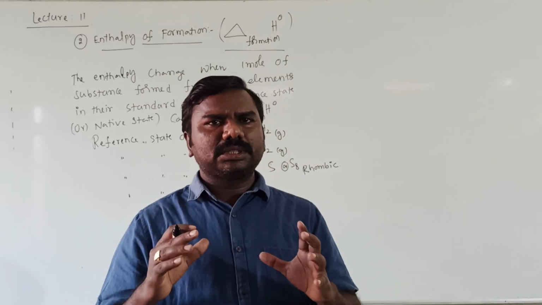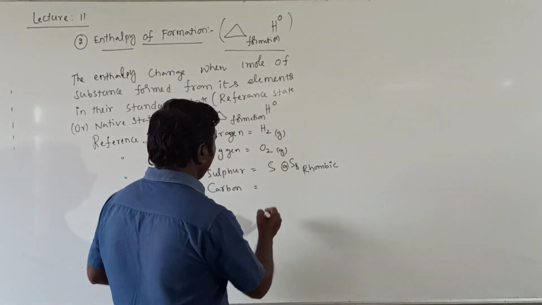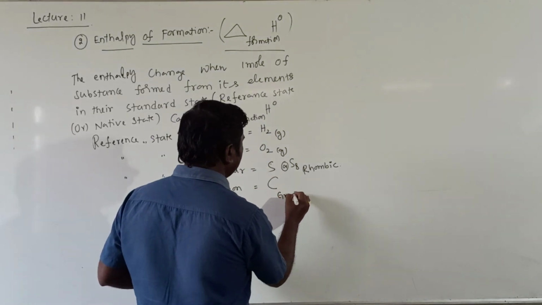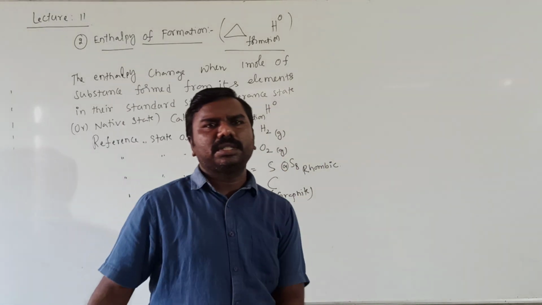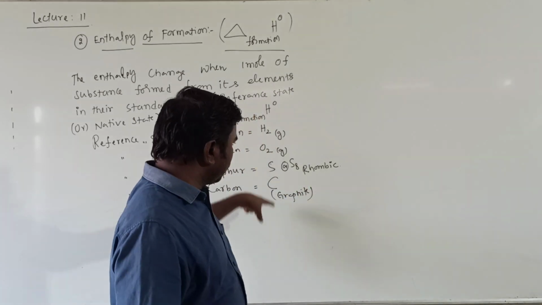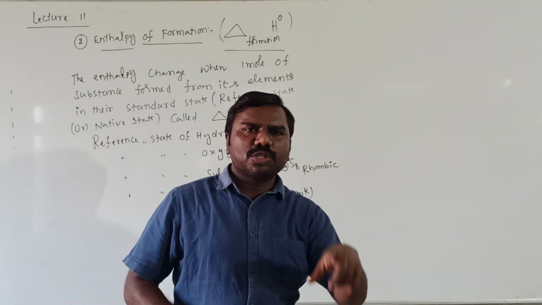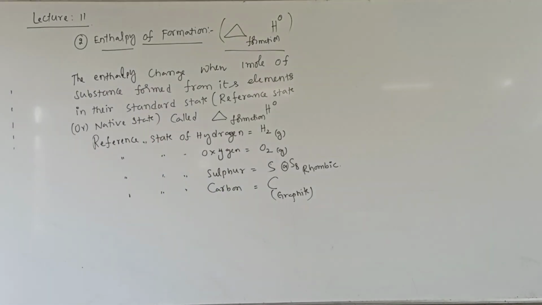Among them, the most thermodynamically stable form is graphite. That's why carbon should be taken as graphite. Like this, many compounds are there, students. So from their reference states, by combining these elements, 1 mole of compound will be formed. That is called standard enthalpy of formation.